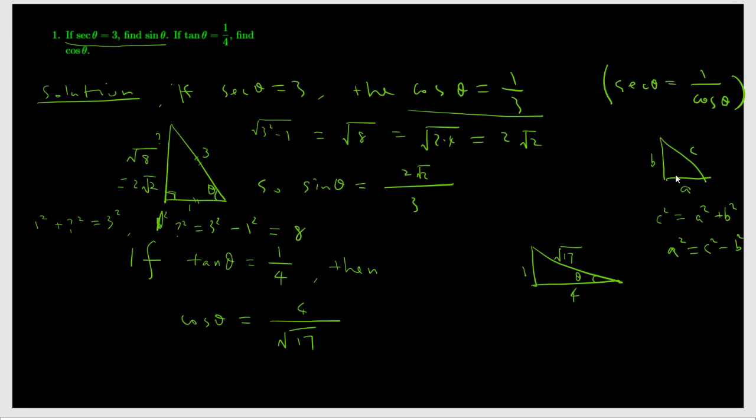Does that make sense? Okay, I got it. Yeah, 3 is the longest side, 1 is adjacent, the opposite is not the longest. Thank you, sir.